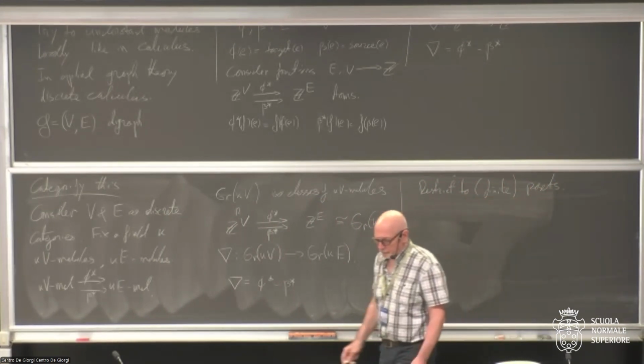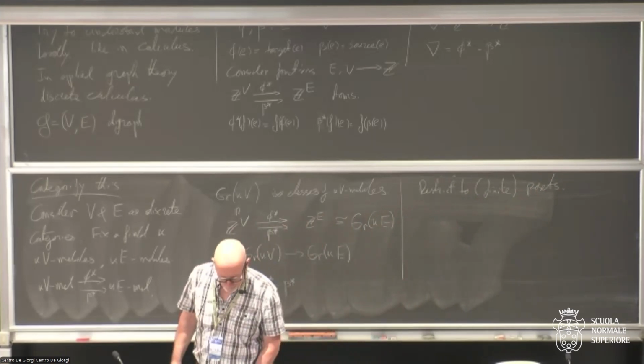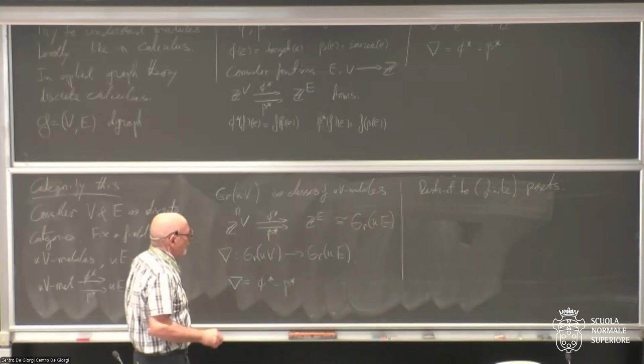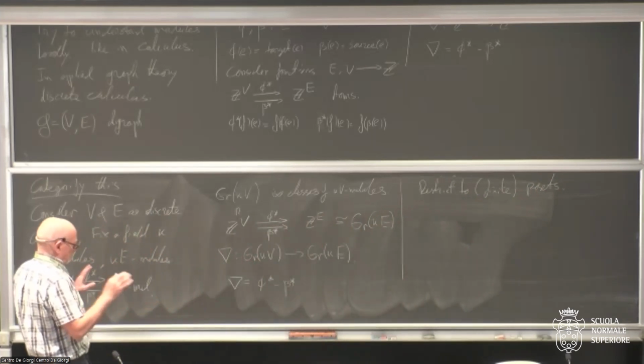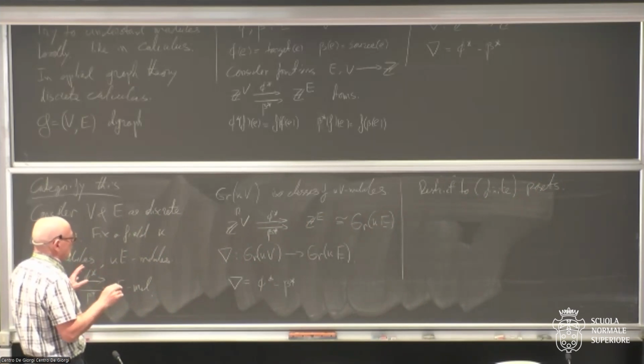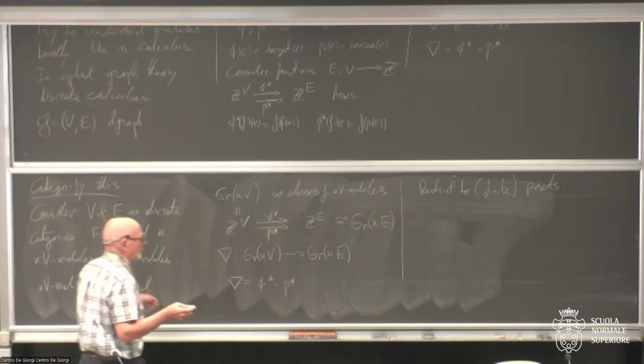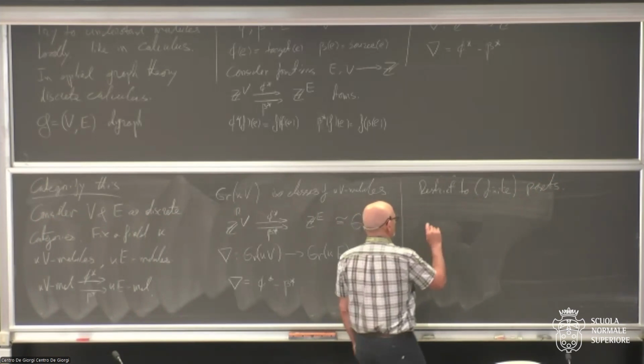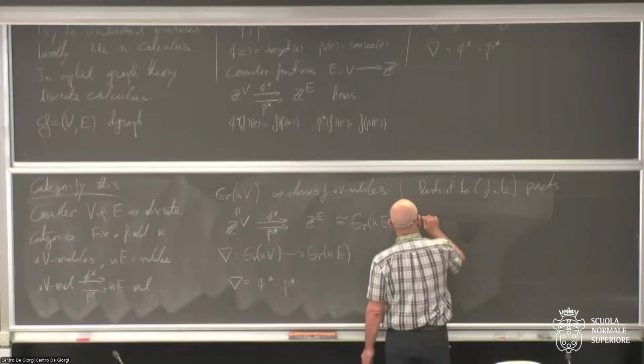Okay. So one thing I need in a poset is to be able to represent it somehow. The most typical way of representing a poset is by its Hasse diagram.